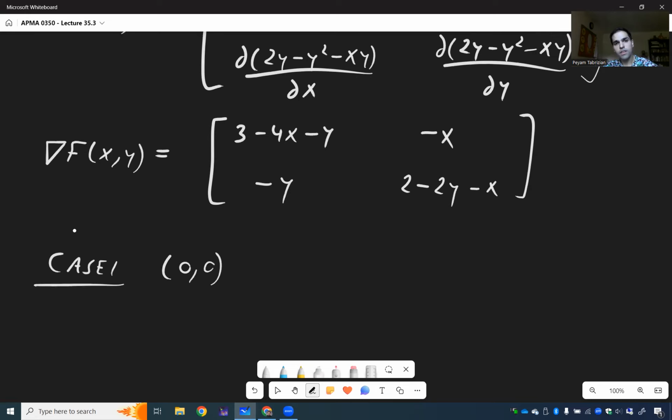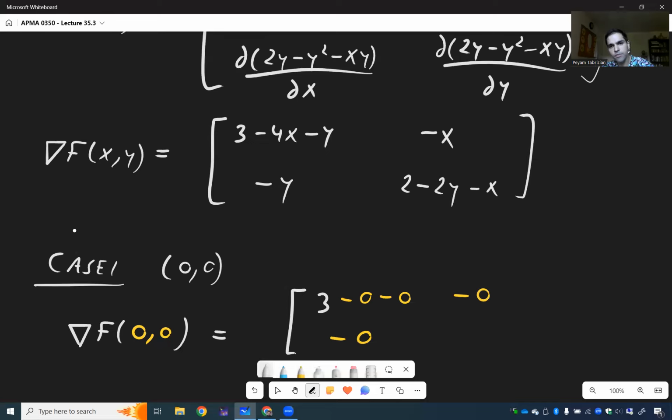So let's do (0, 0). So gradient of f at (0, 0). That is 3 minus 0 minus 0, and then minus 0, minus 0, 2 minus 0 minus 0, which ends up becoming [3, 0; 0, 2].